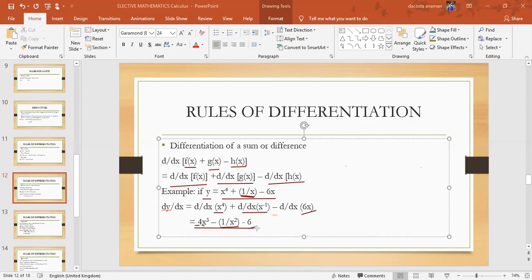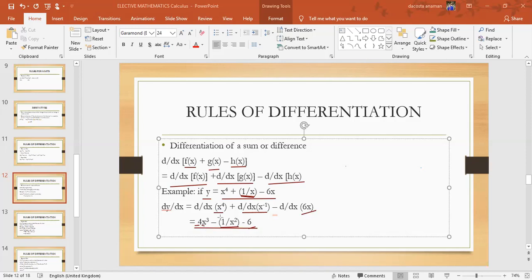Therefore, using the sum or difference rule, the 4x cubed comes from differentiating x raised to the power 4. You multiply any number in front of the x by the 4, and that will give you 4.